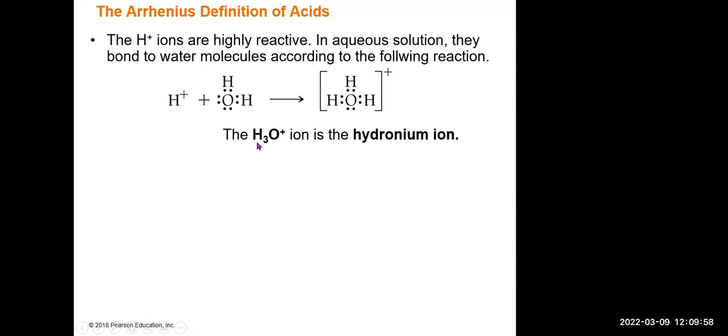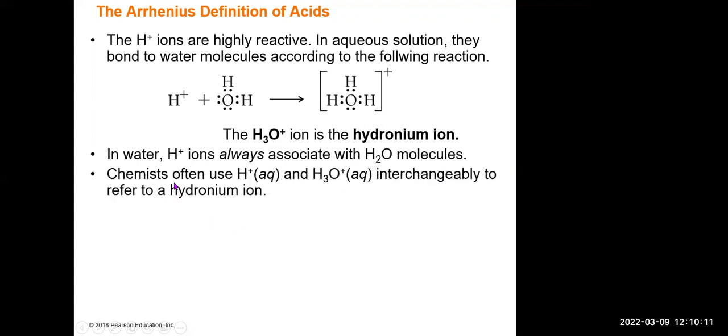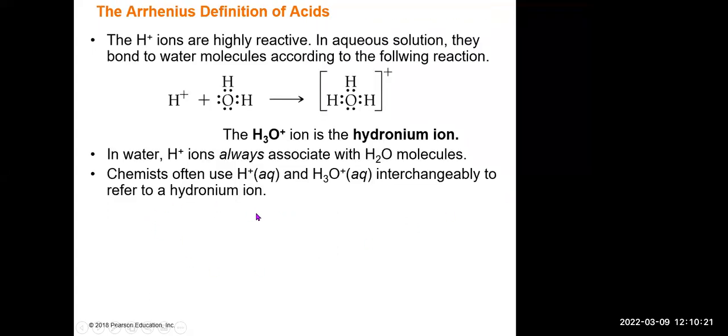So the H3O plus is named as hydronium ion. In water, H plus ion is always associated with H2O molecules. Chemists often use H plus (aq) and H3O plus (aq) interchangeably to refer to a hydronium ion.